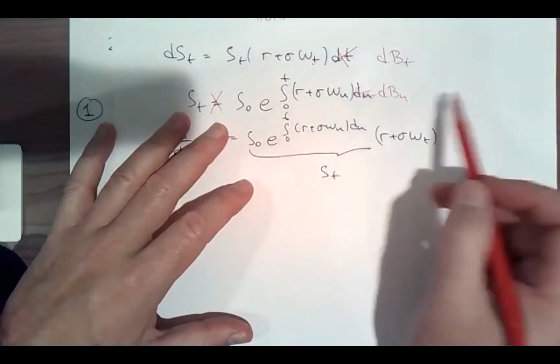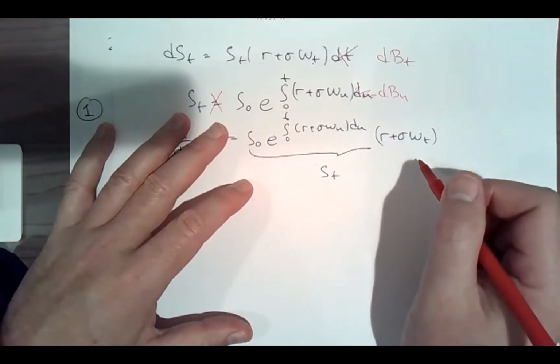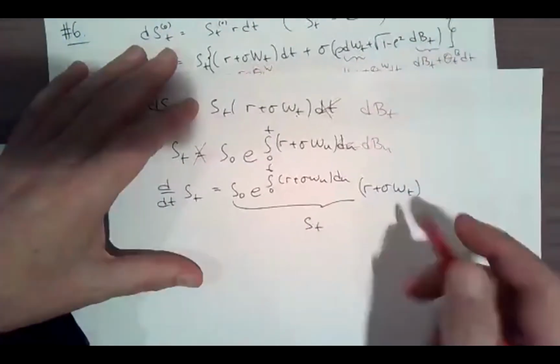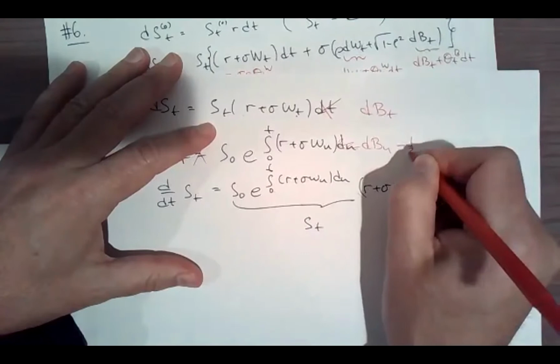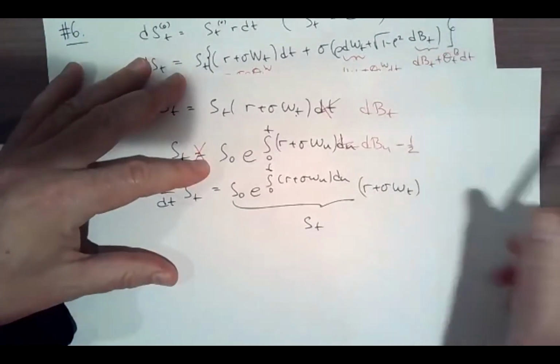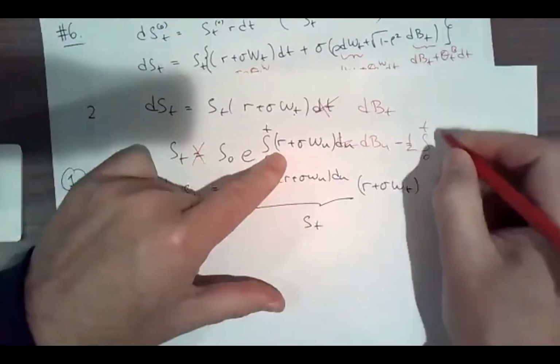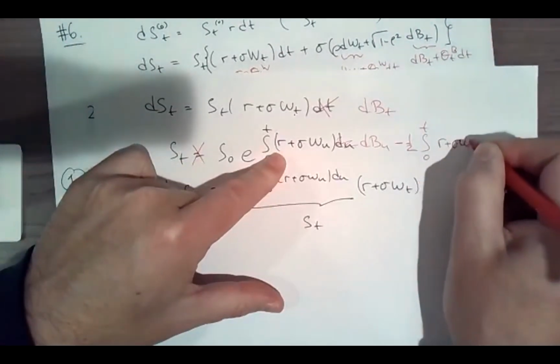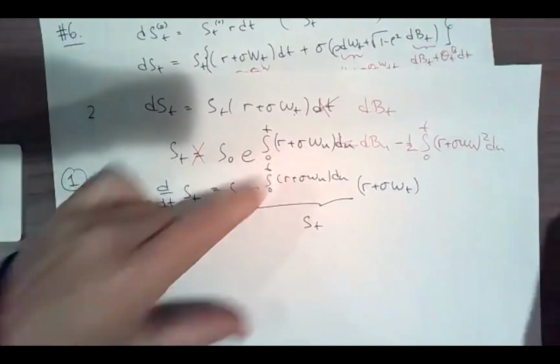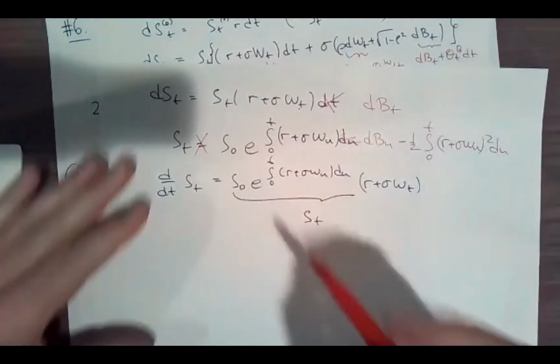It won't work with this guy. What will work is if you put minus a half, and then you need some correlation to make up for Ito's lemma. So you need an (r plus sigma W_u) and then a square du. And this one will work.